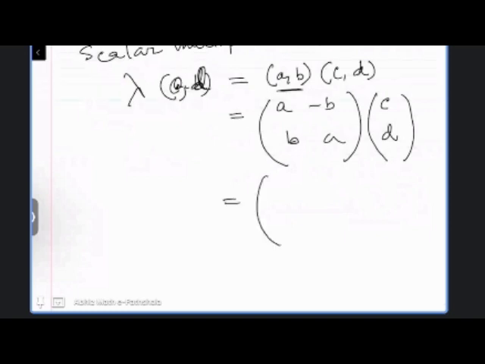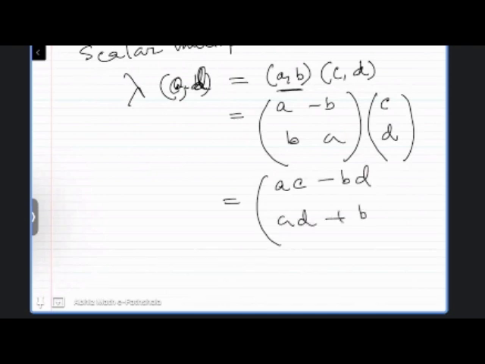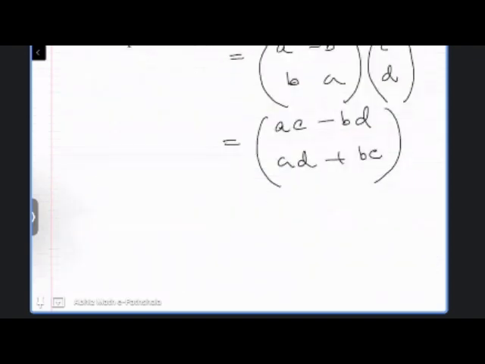This is AC minus BD, and this is AD plus BC. Great. So what is happening here? This is nothing but the complex multiplication that has been defined in the field of complex numbers, right? This is the multiplication of complex numbers.